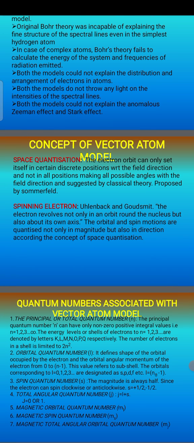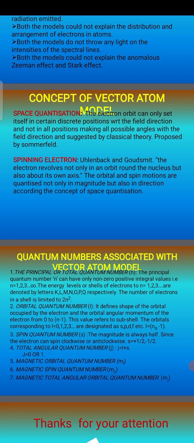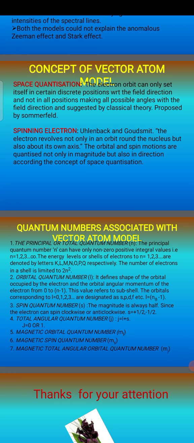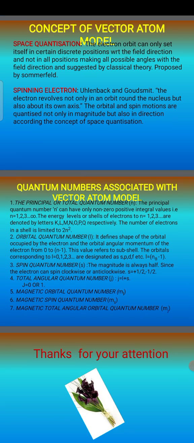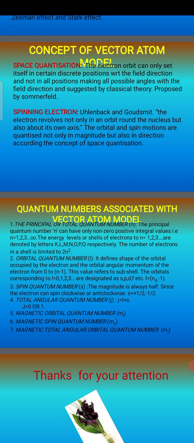The orbital magnetic quantum number varies from plus l to minus l. So for each value of l there will be 2l plus 1 possible values of m l. For l equals 0, m l is equal to 0, so for each value of the principal quantum number n there is only one orientation, that is the s orbital. For l equals 1, m l has 3 orientations possible, that is plus 1, 0, minus 1.